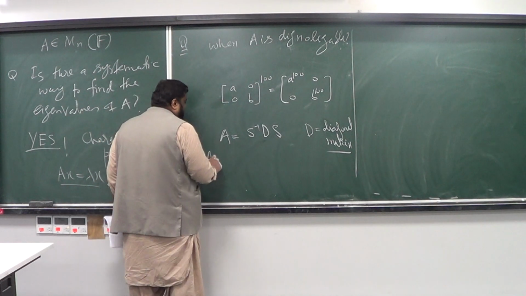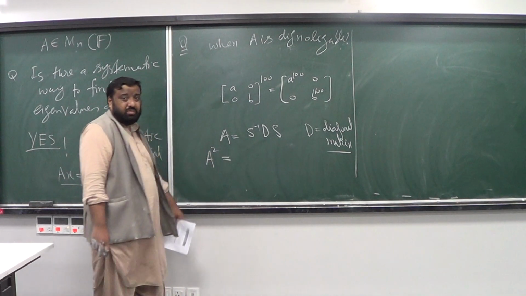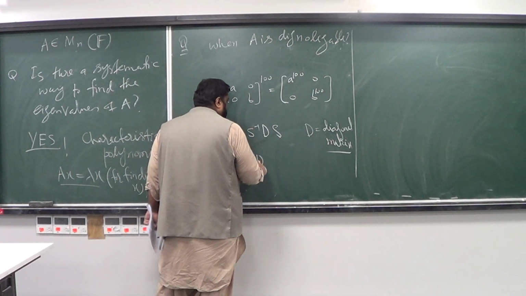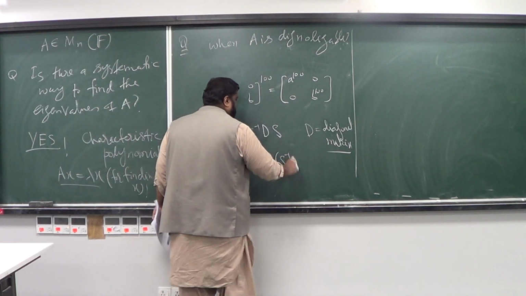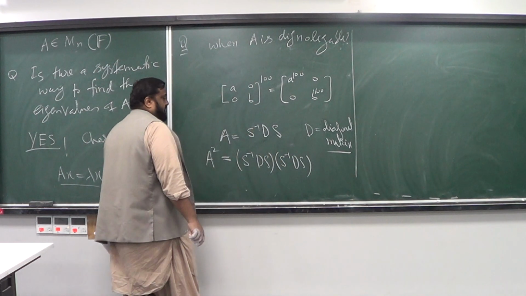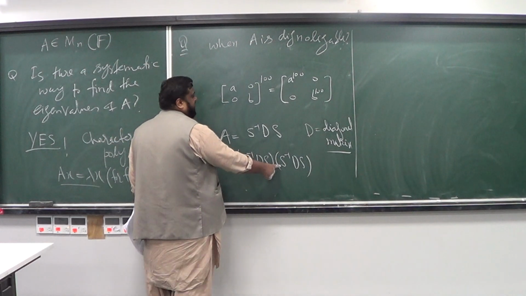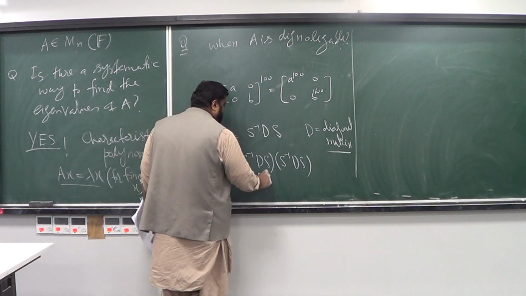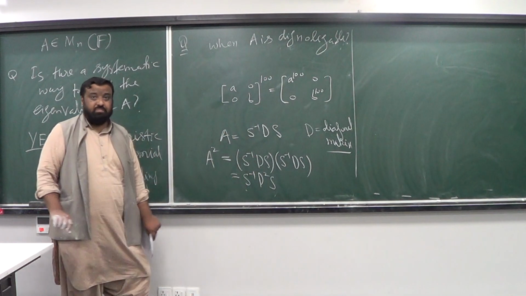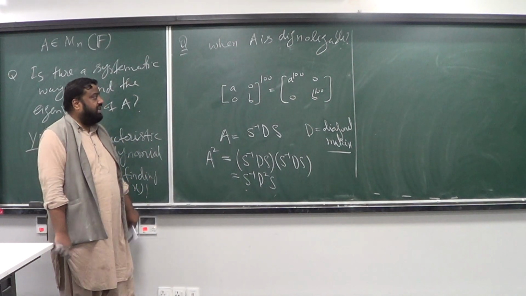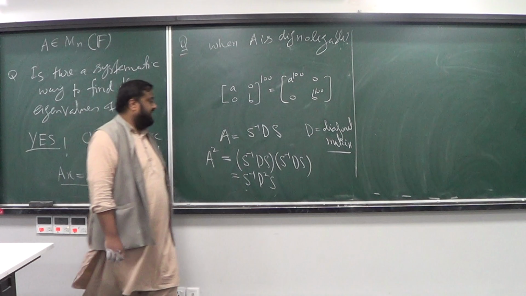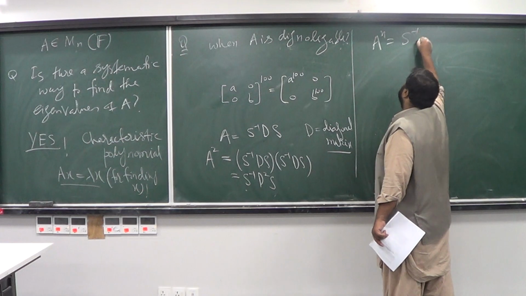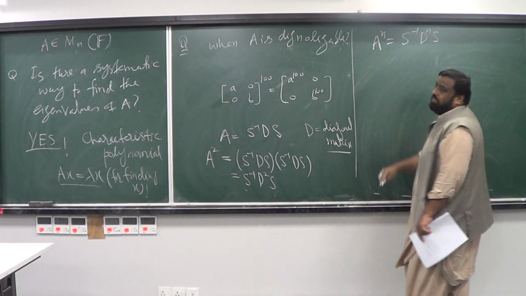If you want to compute A squared, then if A is factorized in this manner, you have S inverse D S times S inverse D S. I can apply the associative law, S and S inverse get cancelled, and you get S inverse D squared S. So A squared is S inverse D squared S. Hence, A to the power n is really easy: S inverse D to the power n S.